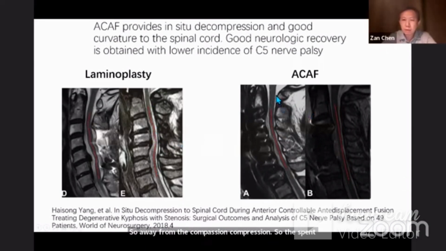But when we perform ACAF, we enlarge the cervical spinal canal with the anterior approach. The spinal cord can be decompressed in situ and does not need to move away. So this will reduce the incidence of C5 palsy.